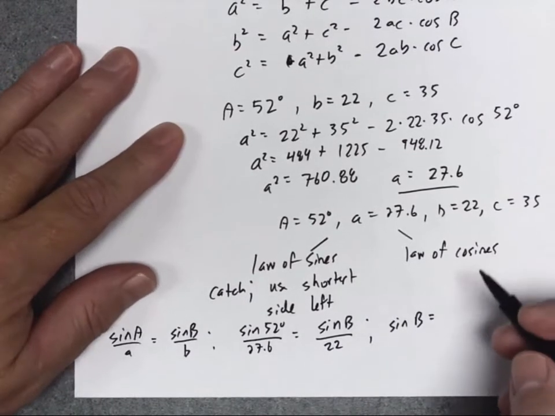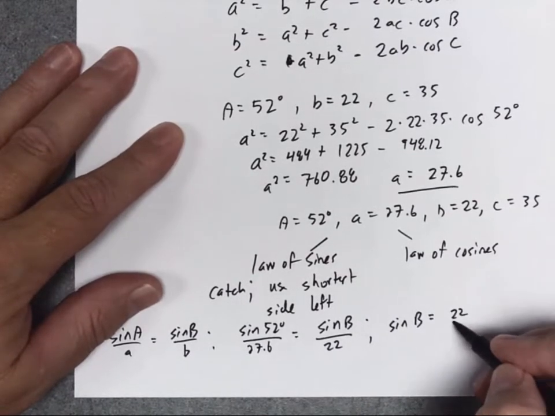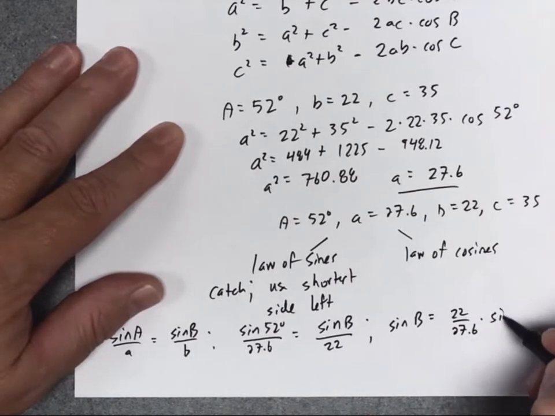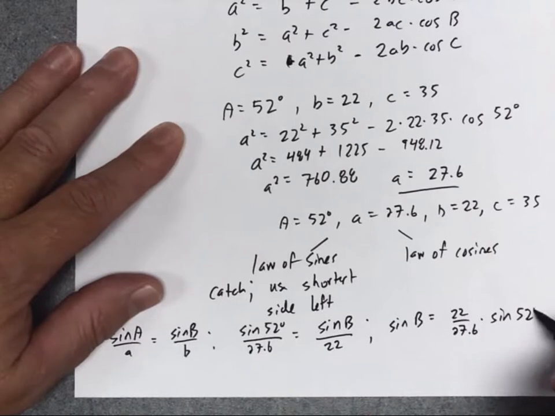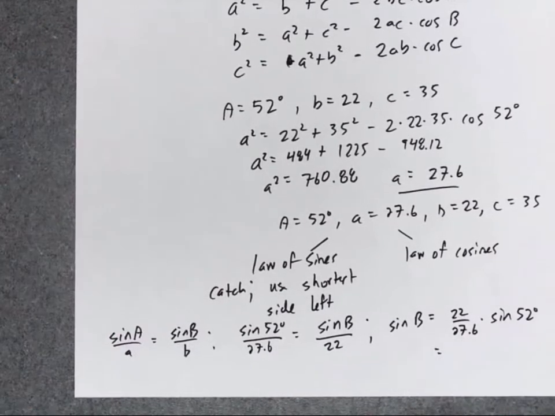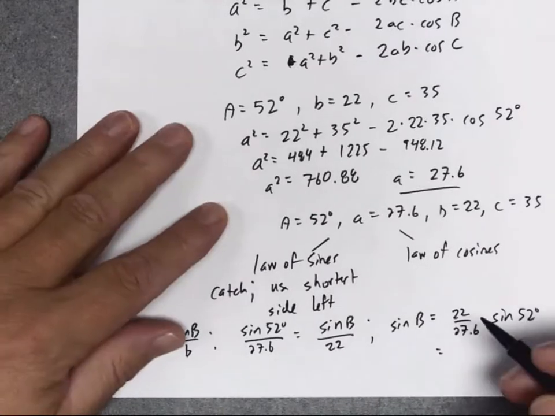Sine of B would be 22 over 27.6 times the sine of 52 degrees. So sine of 52 degrees times 22 divided by 27.6 is 0.628.